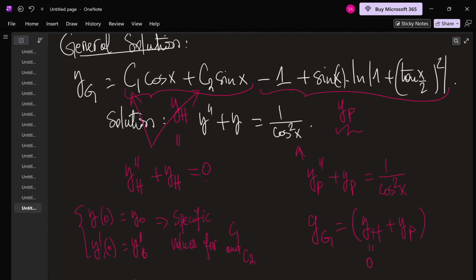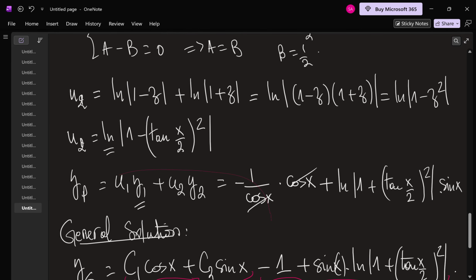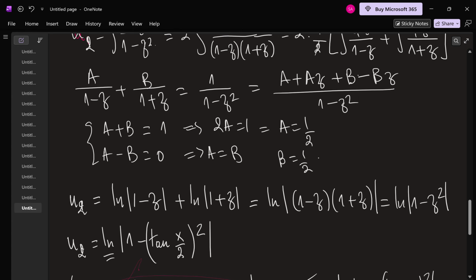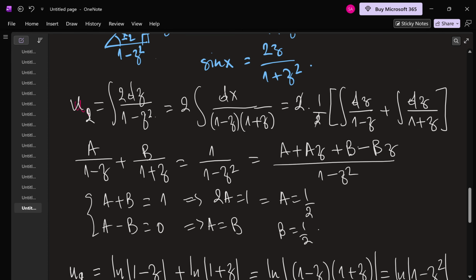So the homogeneous will give you the 0 and the particular will give you 1 over cos squared x. Your question is why, when you integrate here, we do not add c.